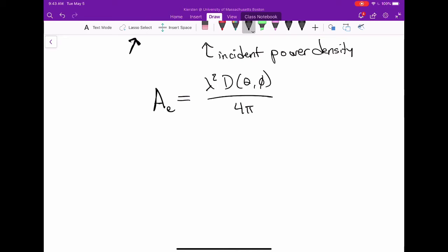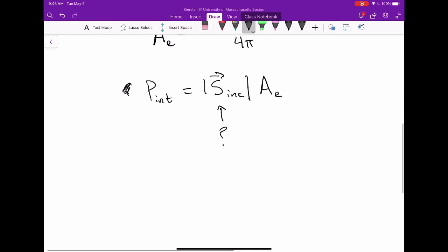First of all, we said that the intercepted power at the receiver is equal to the incident power density times the receiver effective area. Cool, but how do we find out what the incident power density is?